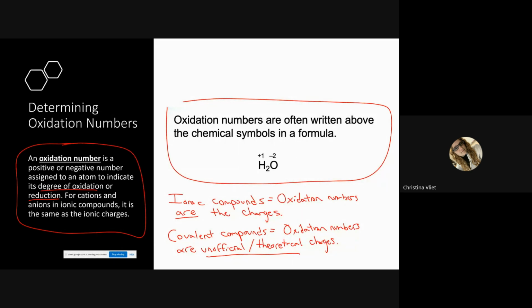For covalent compounds, the idea to track what's happening with the electrons is to assign unofficial or theoretical charges. Because in covalent compounds, electrons are not actually transferred, they're shared. And so it's saying for the oxidation number, if an element were to hog the electrons or were to gain electrons, which element would it be?